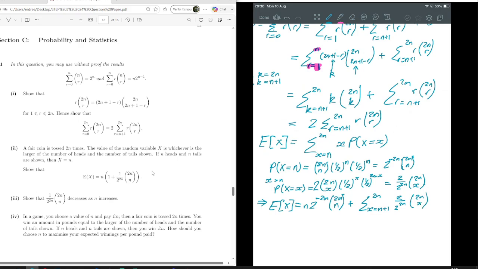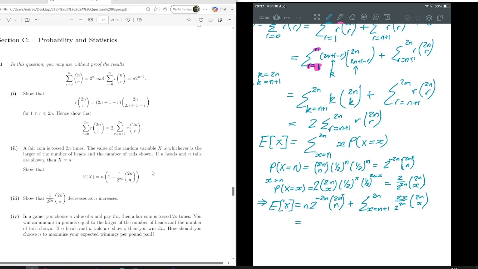But now that summation is identical to the right hand side of the previous part, bar the 1 over 2n. Oh, I've lost the x, it has to pop in here. This x here needs to pop in. I mean, times by the value times its probability.